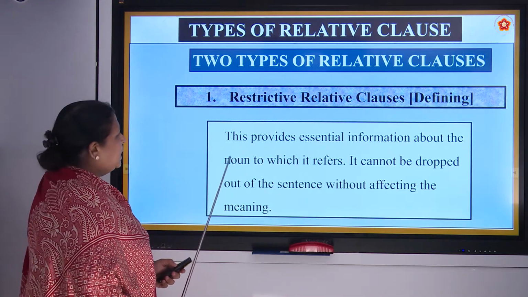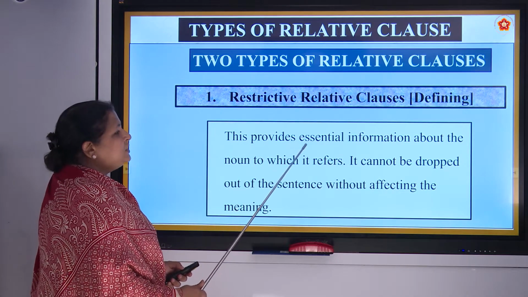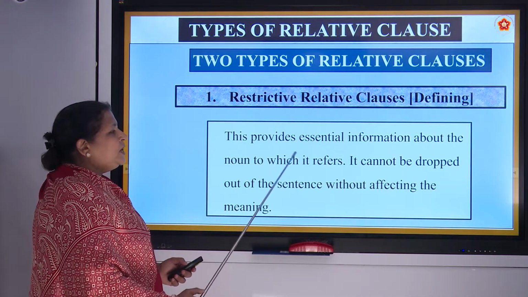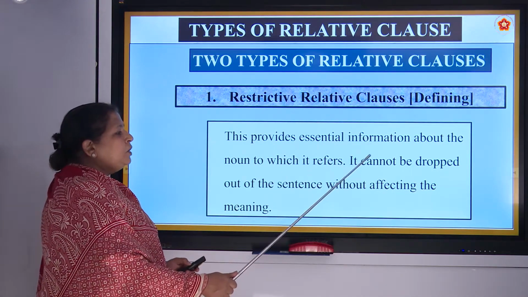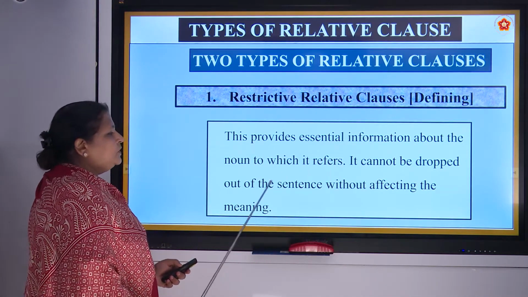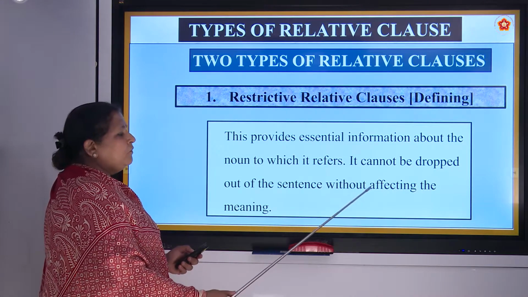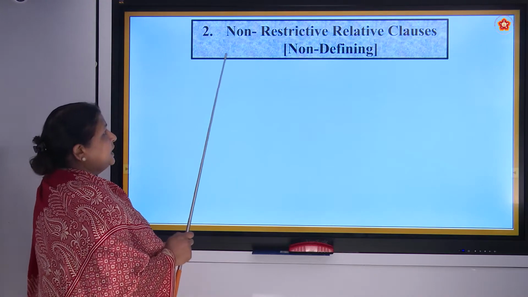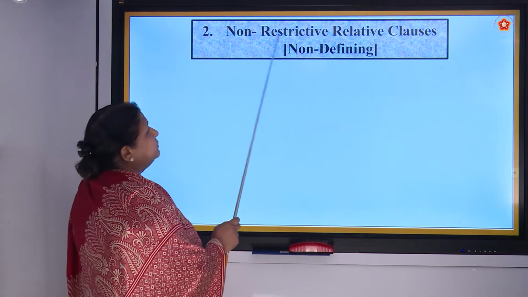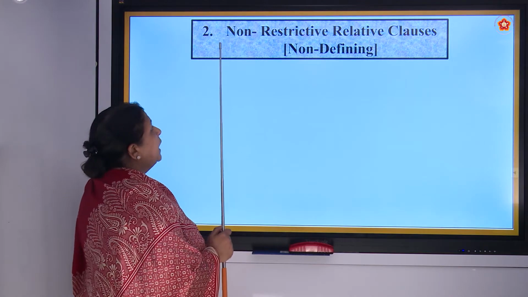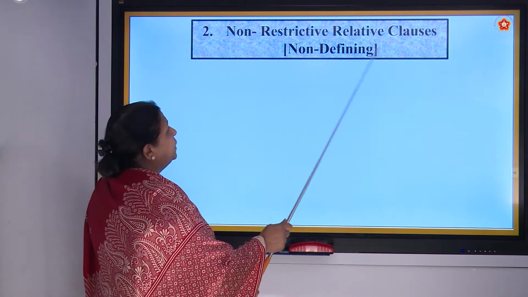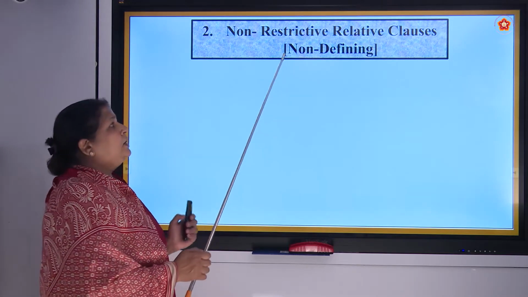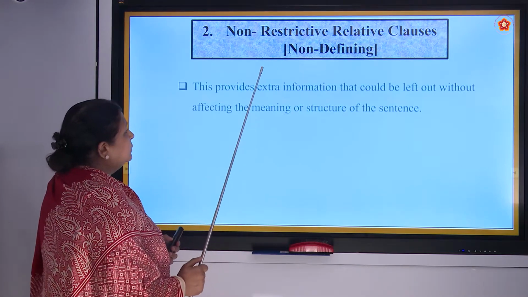Now let us see again. This provides essential information about the noun to which it refers. It cannot be dropped out of the sentence without affecting the meaning. The second one is non-restrictive relative clause, that is, non-defining. The first one is defining and now it is non-defining.